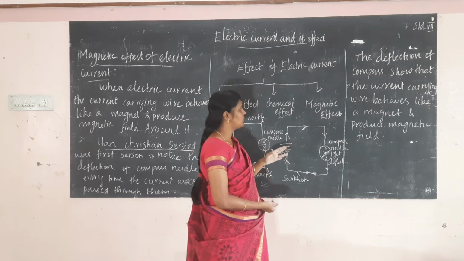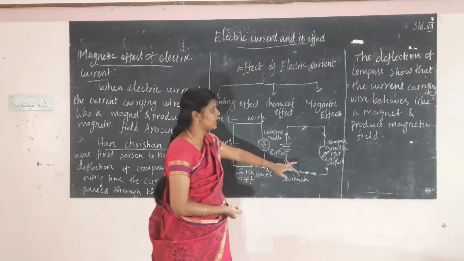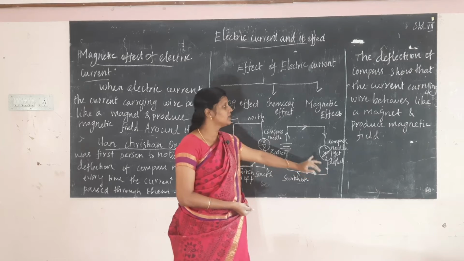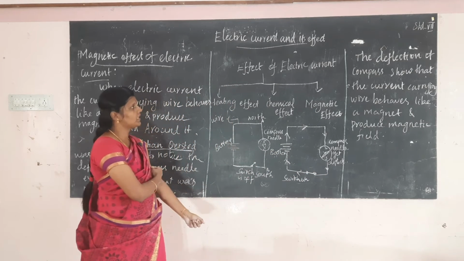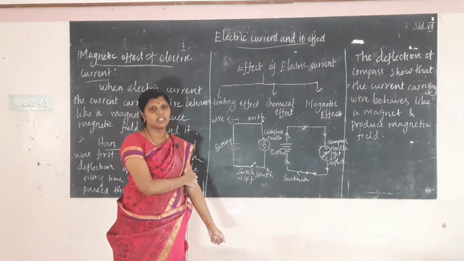The deflection of the compass showed that the current carrying wire behaves like a magnet and produces a magnetic field. Now you clearly understand the magnetic effect of electric current.